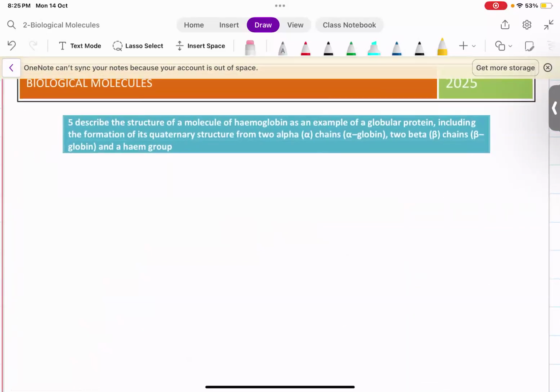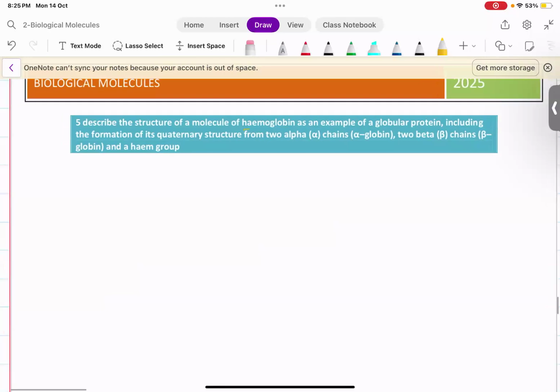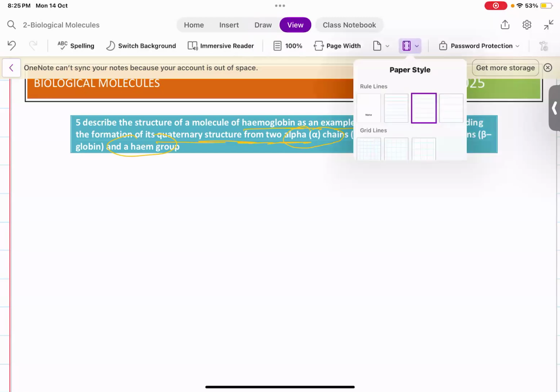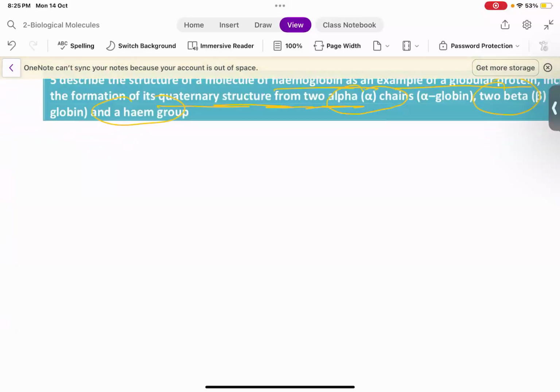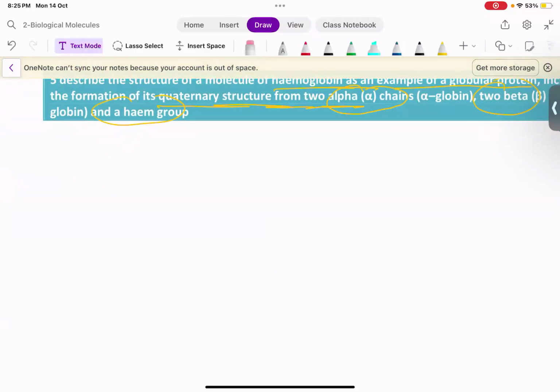Describe the structure of a molecule of hemoglobin as an example of a globular protein, including the formation of its quaternary structure from two alpha chains and two beta chains and a heme group. So a hemoglobin molecule consists of two alpha globin.